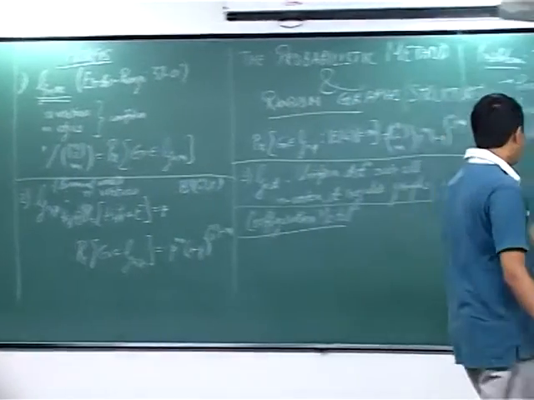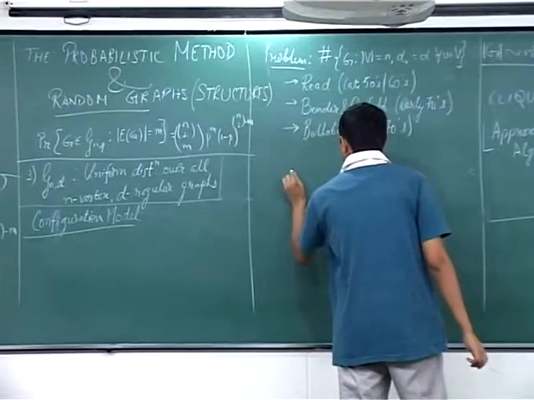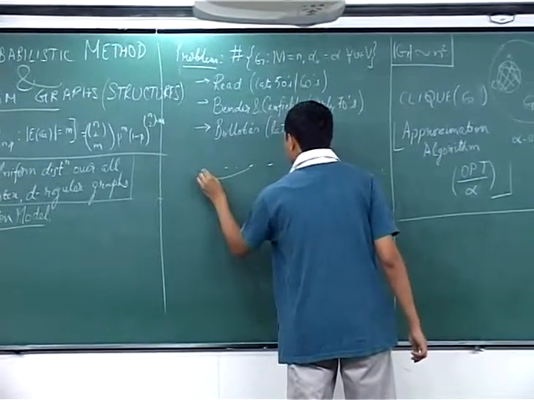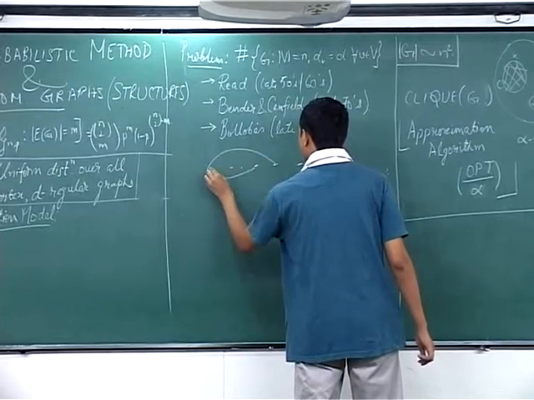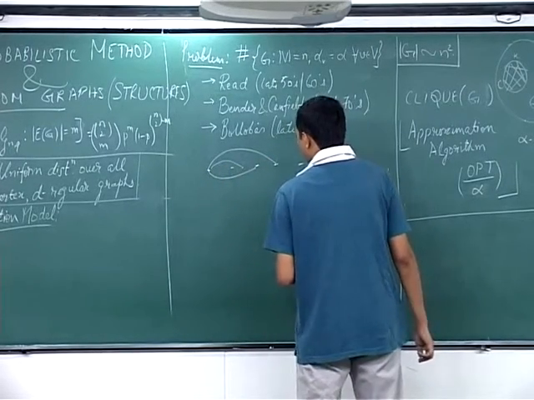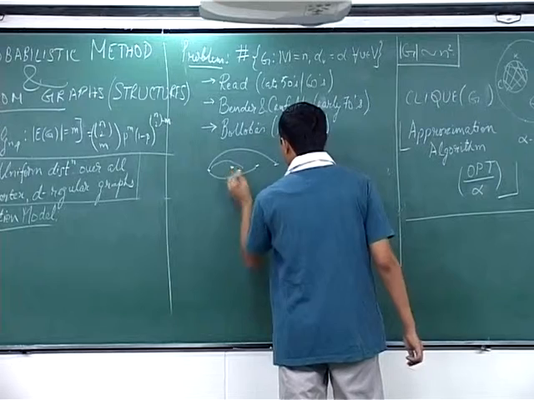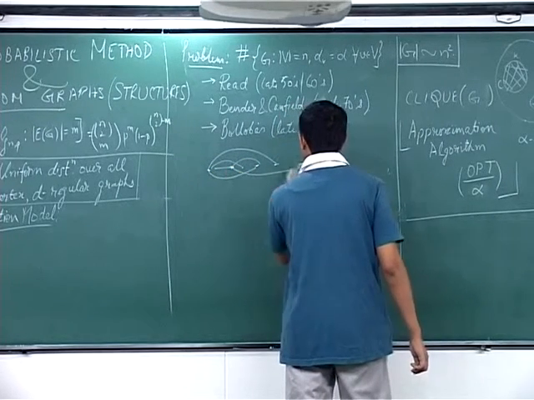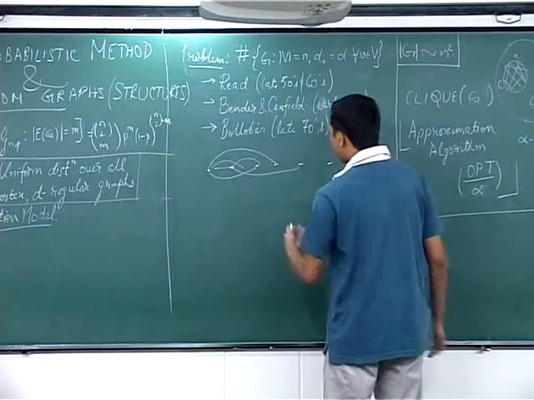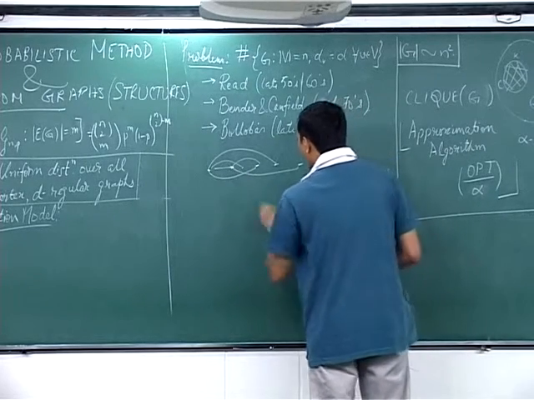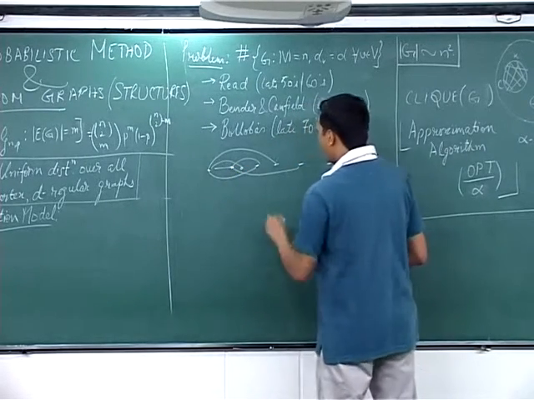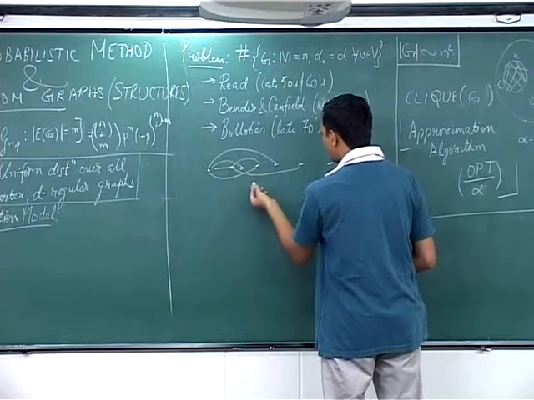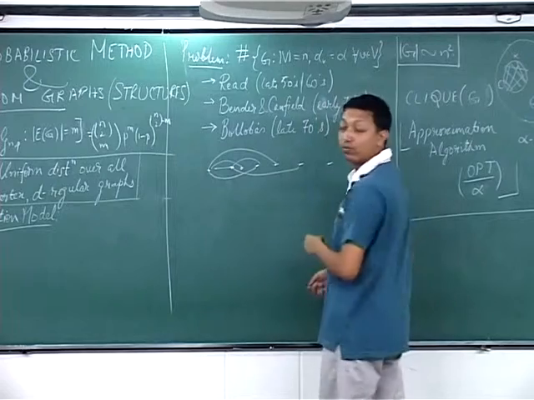Suppose these are my vertices. Now I choose some d neighbors. This one I can again choose some d neighbors. Let's say I choose this. So I choose 3 neighbors for each one. But for this one, I have already chosen this, so the only thing I can choose now is 2 neighbors.